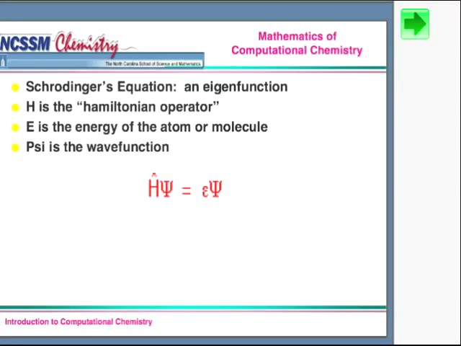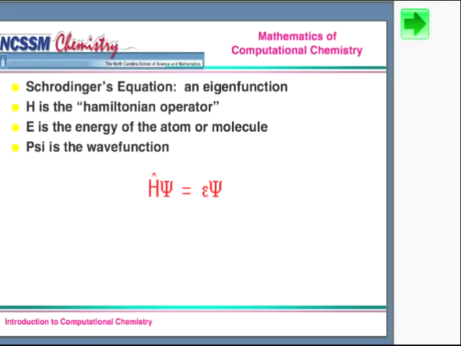That's not quite true mathematically, but it's good enough for this lecture. So Schrodinger's equation, which you see in front of you, is the Hamiltonian doing something to this number called psi, or the wave function. And what we get out of that on the other side is the value E there, and E in this case represents the energy of the atom or the molecule.